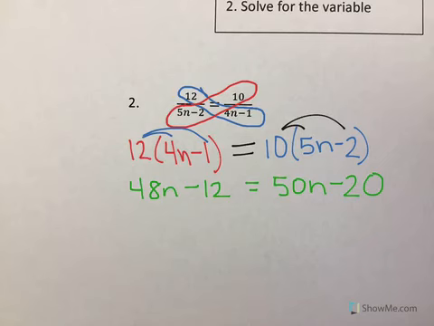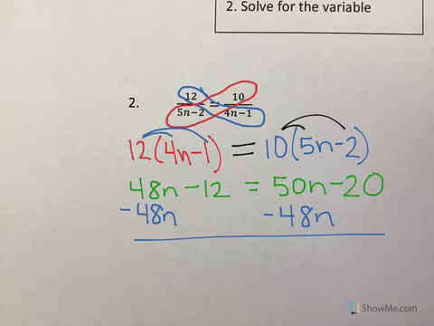So what I would suggest doing is moving the 48n by subtracting to move it to the other side so that we can work with positive variables. And in the same step, if you want to, you can also add 20, because we're going to have to move that over to get the variable n by itself.